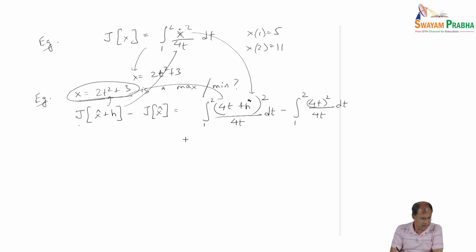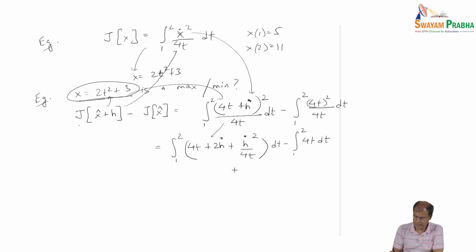Then we try and simplify everything here. We get the integral from 1 to 2 of 4t plus 2 h dot plus h dot square by 4t times dt, minus the integral from 1 to 2 of 4t dt.